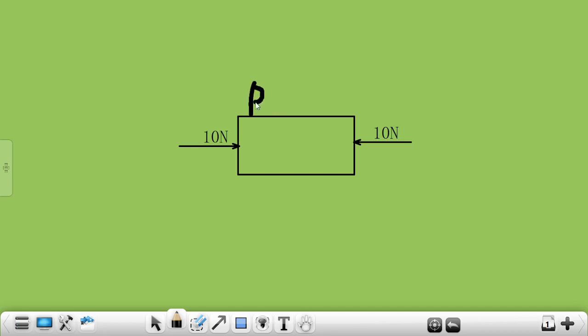This would be a balanced, excuse my handwriting, or I should say my mouse writing, a balanced force. The balanced forces only happen if all the net force comes out to 0.